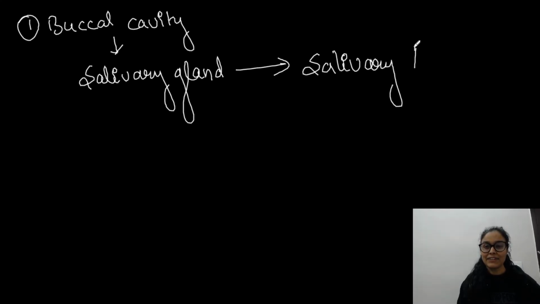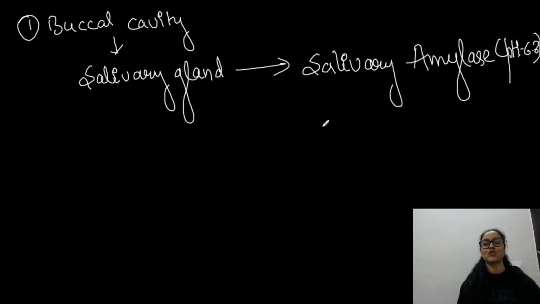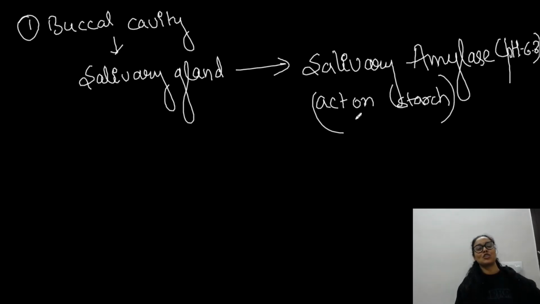Salivary amylase works at what pH? Obviously 6.8 pH. It acts on starch. So what is the substrate for this enzyme? Starch. So when we eat chapati or rice, the starch is digested by salivary amylase, but it digests only 30% of the starch in the mouth.